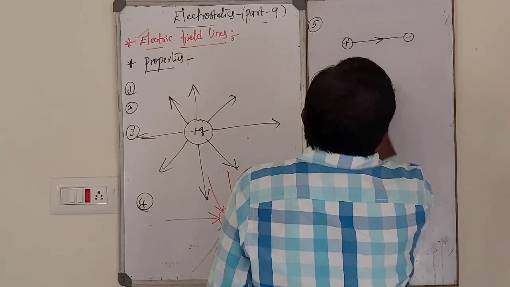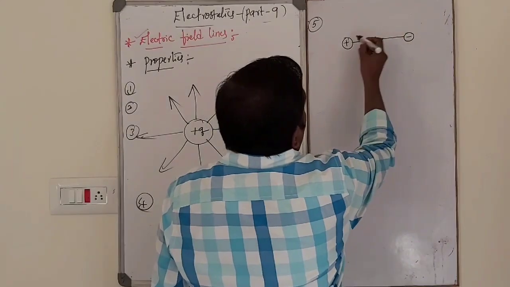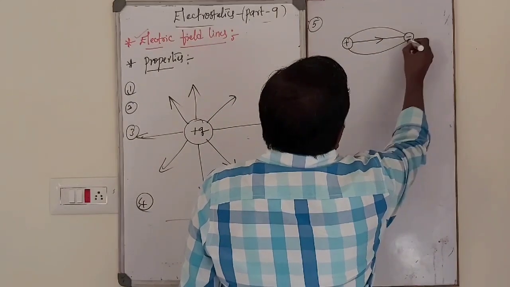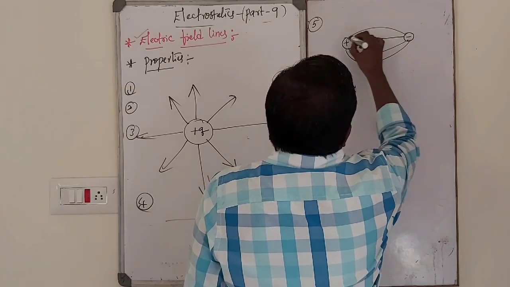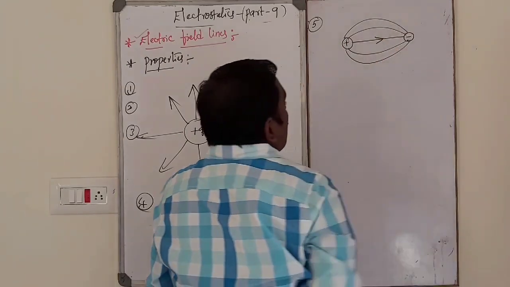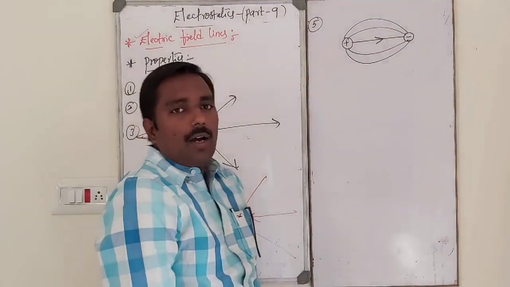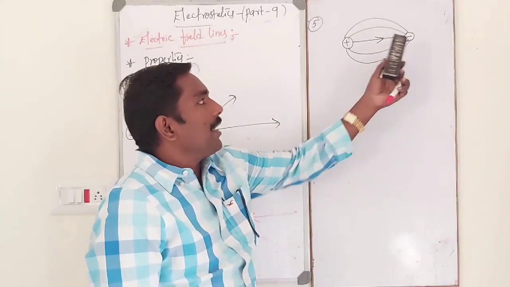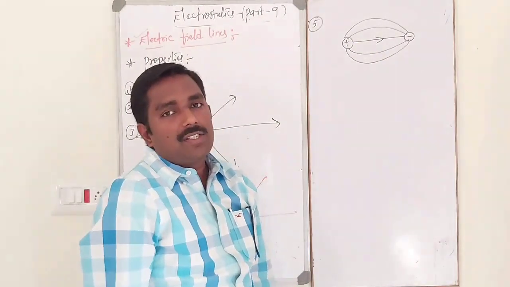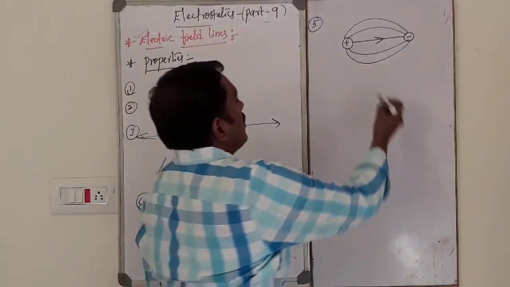They originate at positive and terminate at negative, like this. This is also a neat diagram of electric field lines in case of unlike charges.